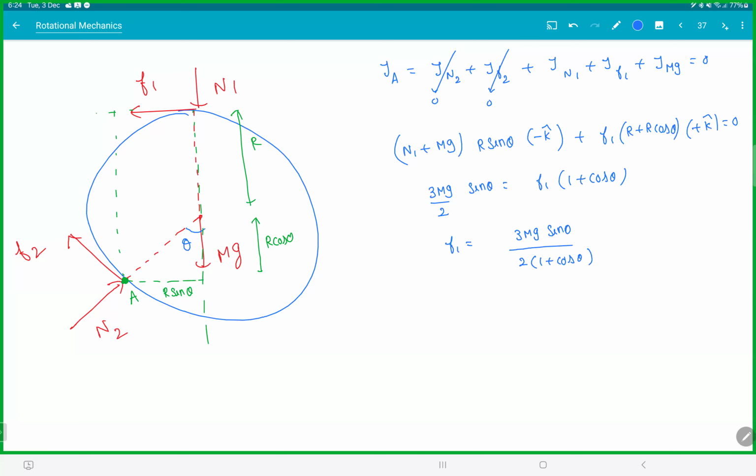Now, like what Purvaja said, if you take torque about center of mass, you'll get something more interesting. Torque due to N1, torque due to N2, torque due to mg, torque due to F1, torque due to F2 is 0. This guy is gone, this guy is gone, this guy is gone. All three are passing. You'll get F1R plus k cap, F2R minus k cap equal to 0. We get F1 is equal to F2.